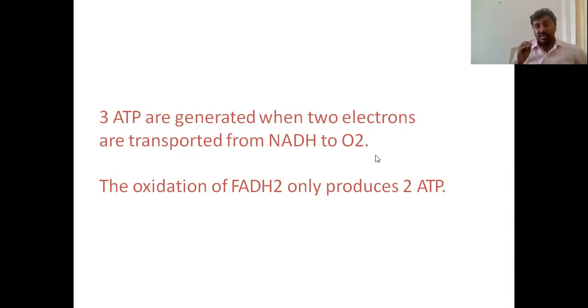The oxidation of FADH2 produces only 2 ATP.